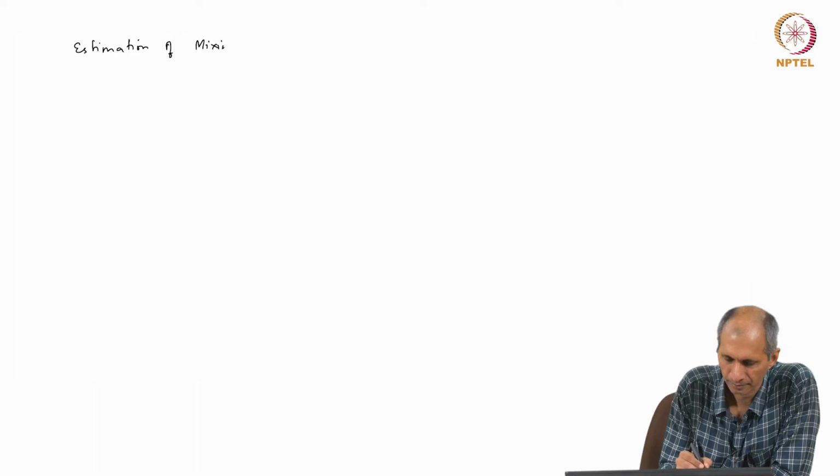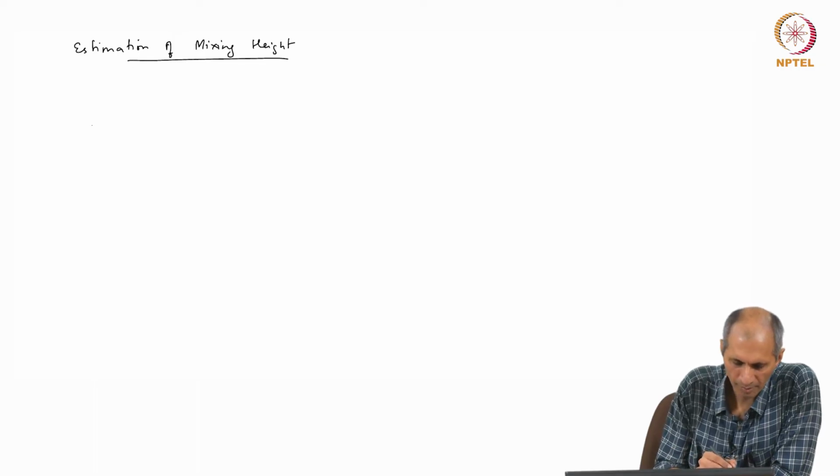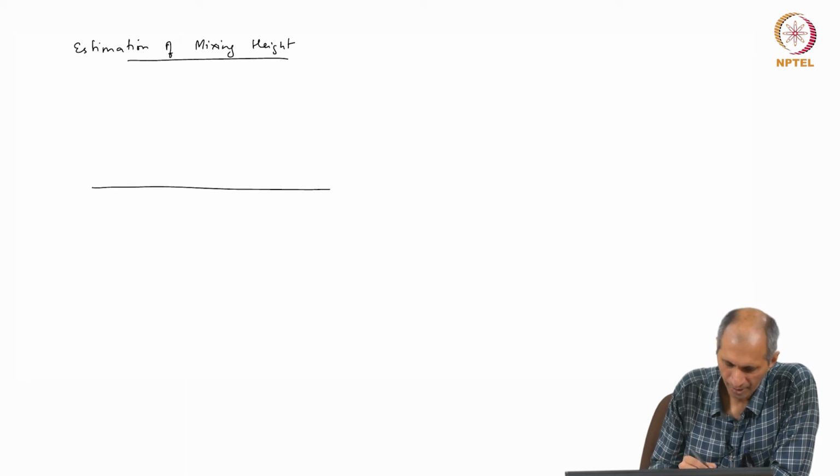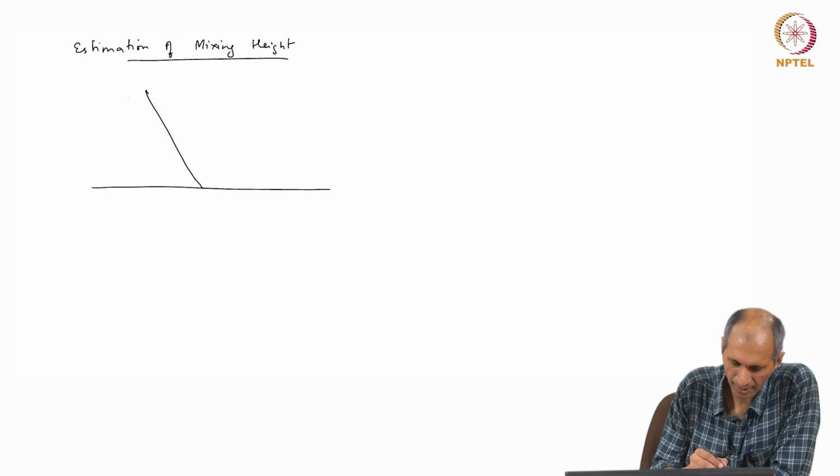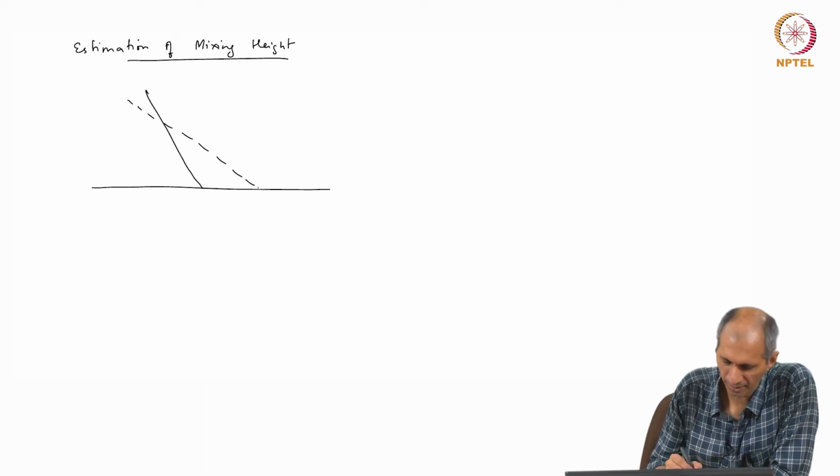So the mixing height, sometimes you have to calculate the mixing height, which means you have to calculate the estimation of mixing height. It is simply this. You have to take the environmental lapse rate at that point and the adiabatic lapse rate. Let us say that you have some scenario like this, and this is the adiabatic lapse rate.